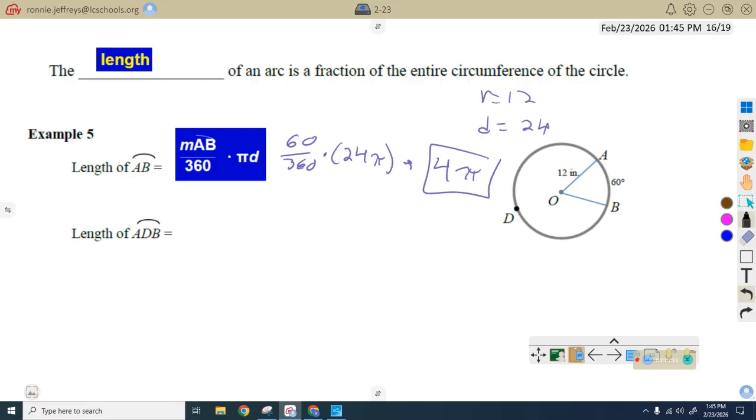All right, now, let's think about this. If we're saying it's a fraction, we should know the circumference. This is it. I wonder how we could find the length of this other arc without having to use that formula.